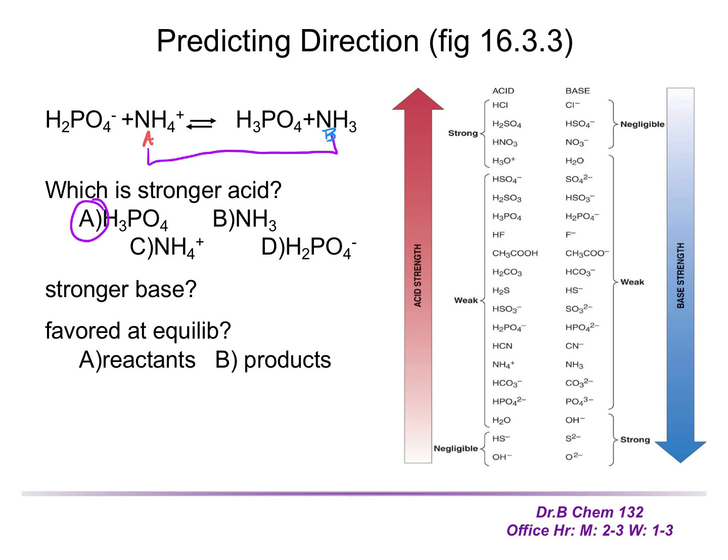Okay. Then I'm also going to have my base as my reactant, this H2PO4 minus. That has its conjugate acid pair in H3PO4. Okay, so now I've labeled my acid and base and their conjugate pairs.